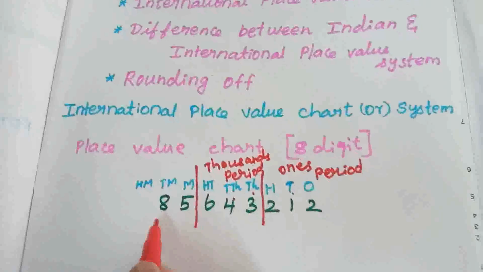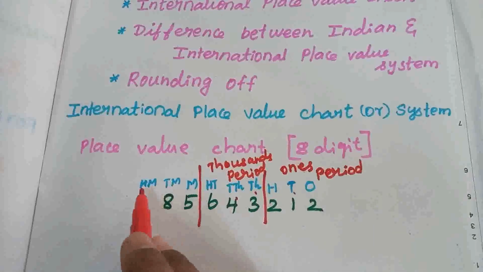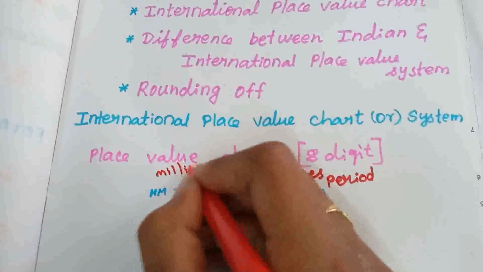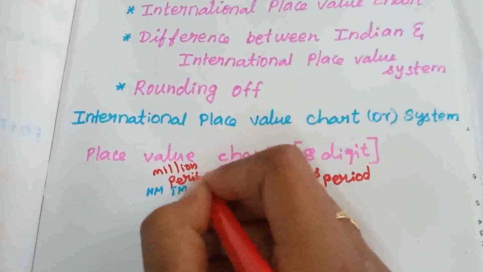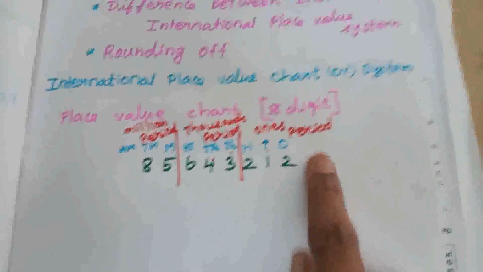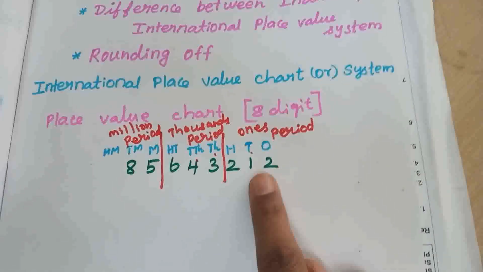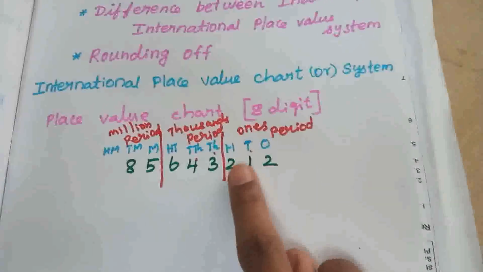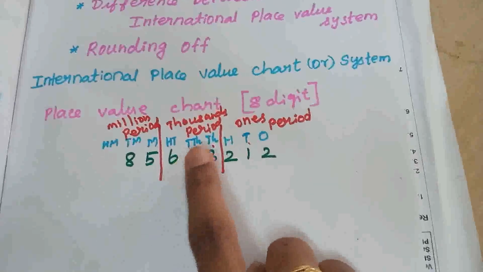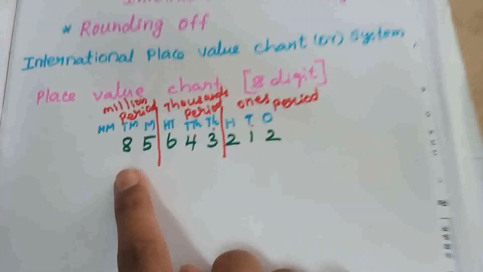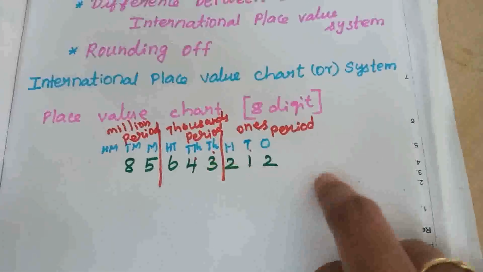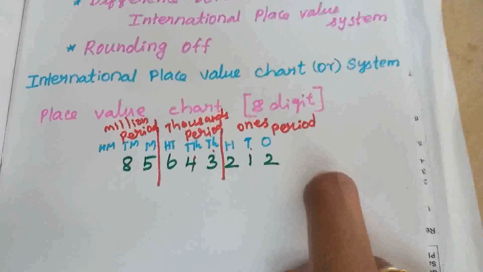The last ones, million, ten million and hundred million, this group we call the millions period. So this is the international place value system. First group, ones period: hundreds, tens, ones. Next, thousands period: hundred thousands, ten thousands, thousands. Millions period: hundred million, ten million, million. These are the groups for the international place value system.